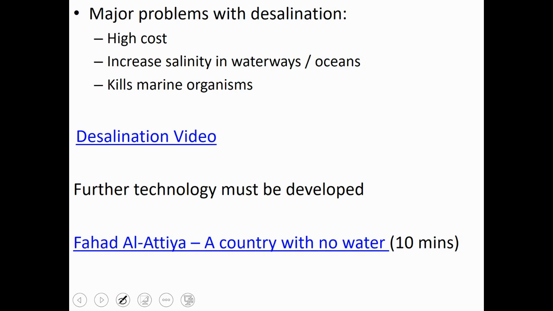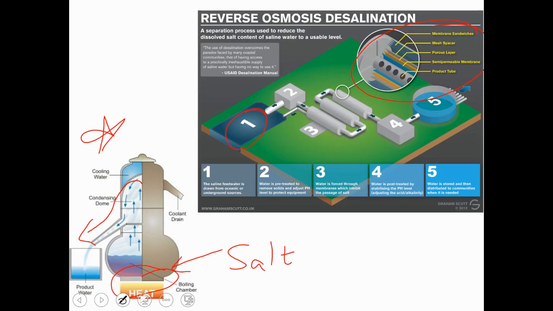There are a couple problems with it. As I said, it's very, very expensive. We also have increased salinity because, let's go back really fast, after we turn it into fresh water, we have a ton of salt, right? We don't have much to do with that.